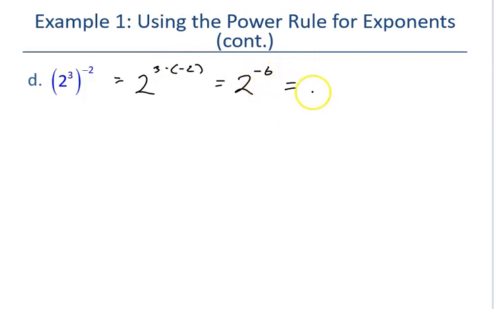I can remove this and put it down on the bottom, which means I have 1 over 2 to the 6th, and 2 to the power of 6 is 64. So we've got 1 over 64. Pretty straightforward on those. You should be pretty well versed at doing this by now, but it's just going to take some practice and some time, and you're going to be able to click it out.